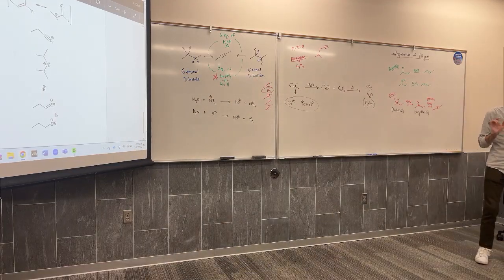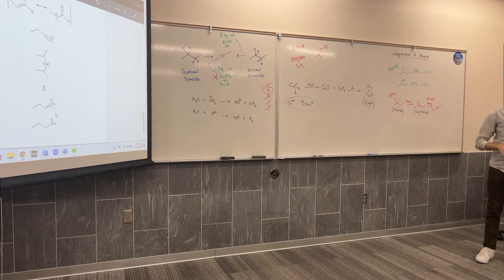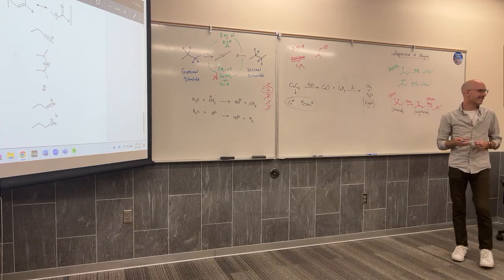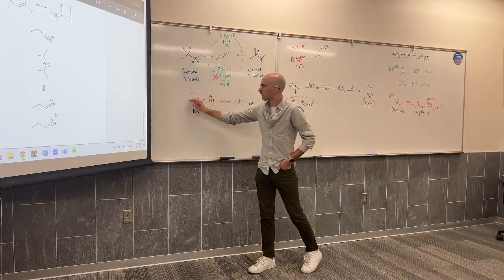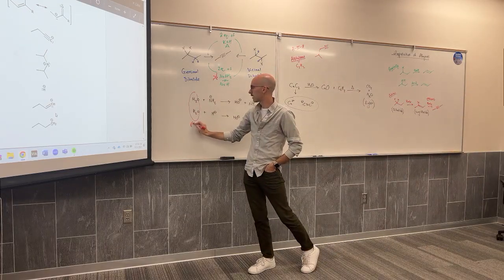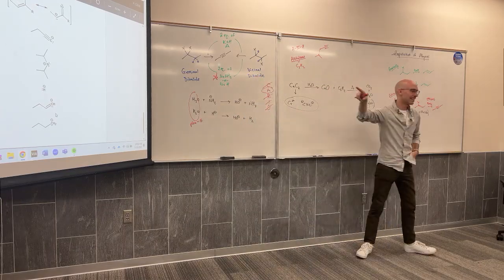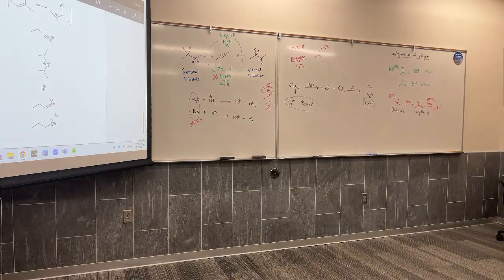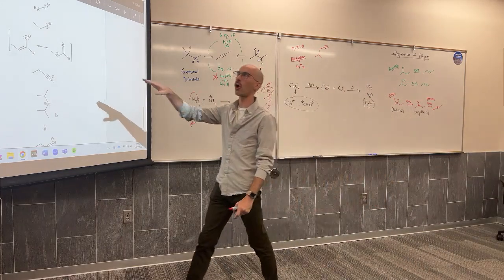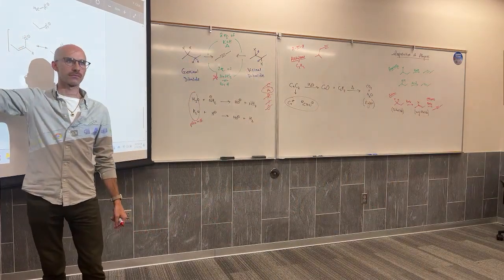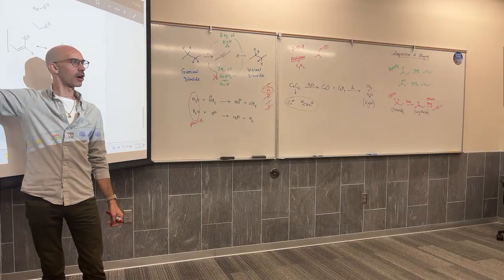To compare acidity between hydroxide, amide, and hydride, I need to list the pKa's for everything. This has a pKa close to 16. If you look on the table that I have here, water is basically an alcohol. It's just not bonded to a carbon.